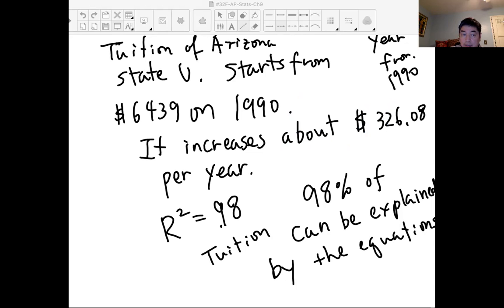So 0.35 minus 0.0123 is going to be 0.3377.